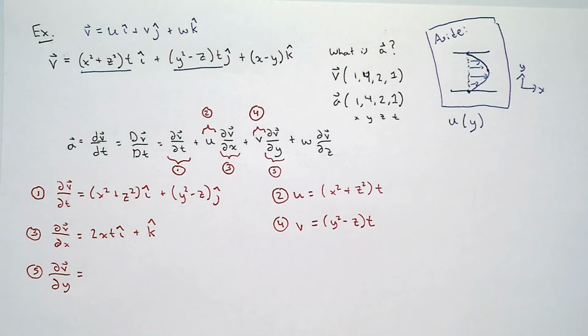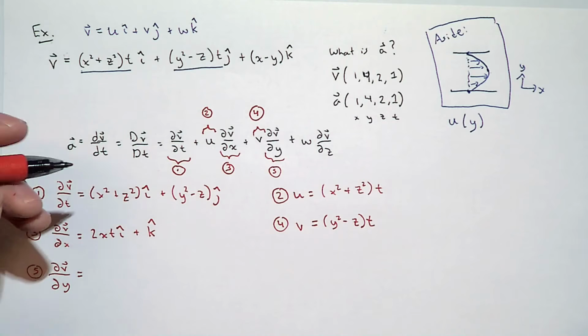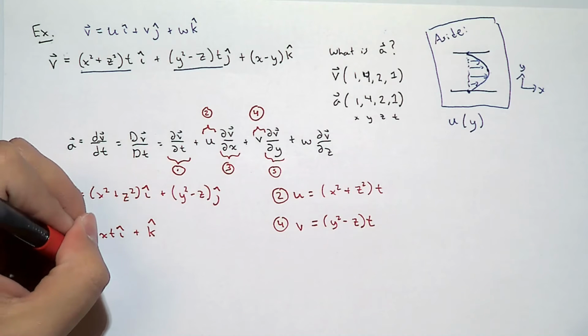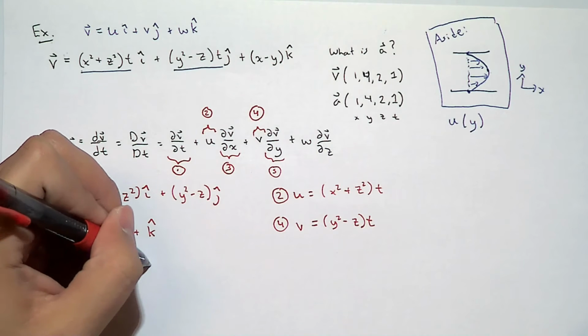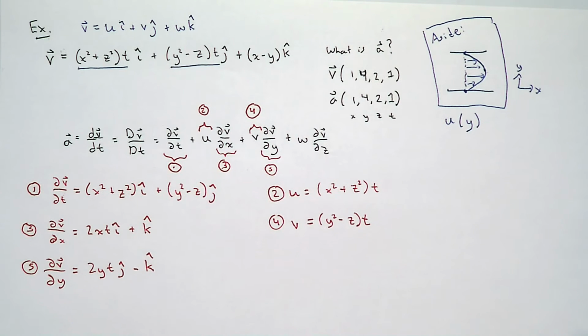Can anybody find the partial change in velocity with respect to y? 2ytj minus k. Yep, 2ytj minus k. So everybody understand how we got to that expression? Yeah? Okay.